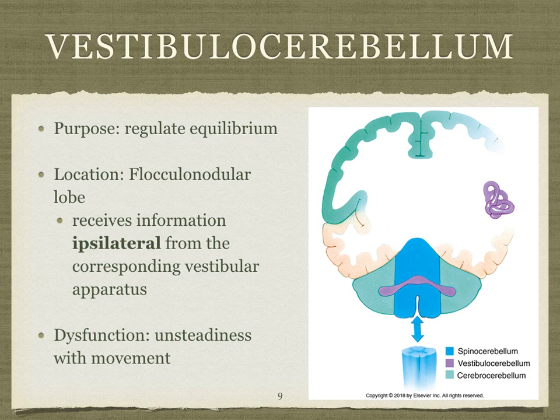Now, it's important to note that all three of these main functions of the cerebellum involve ipsilateral information. I bolded that because our cerebellum is a bit different than our cerebrum and our spinal cord tracts in that it receives same-sided information.